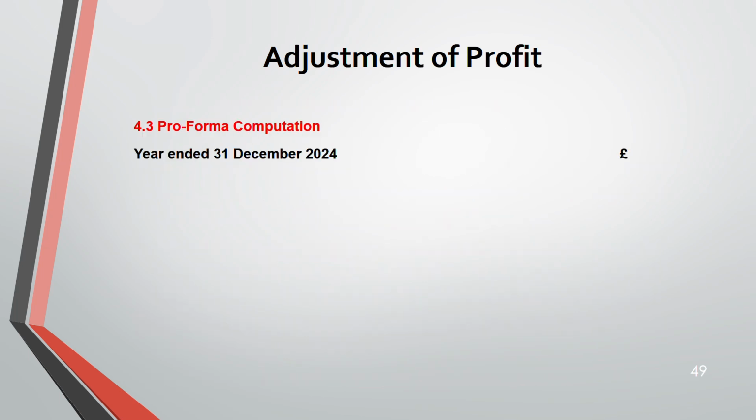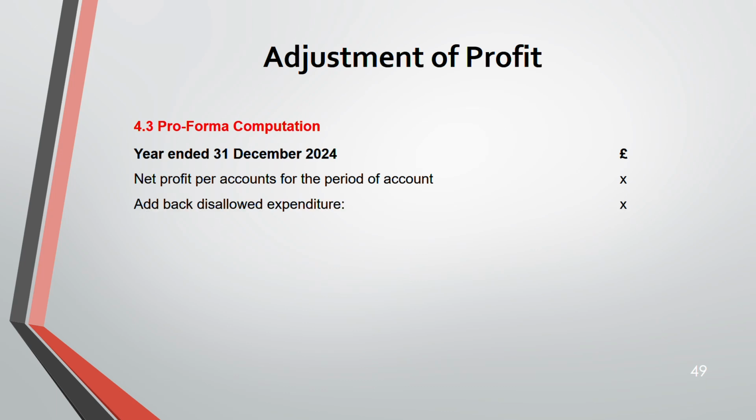So this is the proforma. First is your net profit. It will be given to you in the question. Then add back, do the adjustment. Add back disallowed expenditure because you have deducted it while calculating net profit. Now add back the selling price of goods taken for own use. You must have deducted it. This we'll see in section 4.4.4.